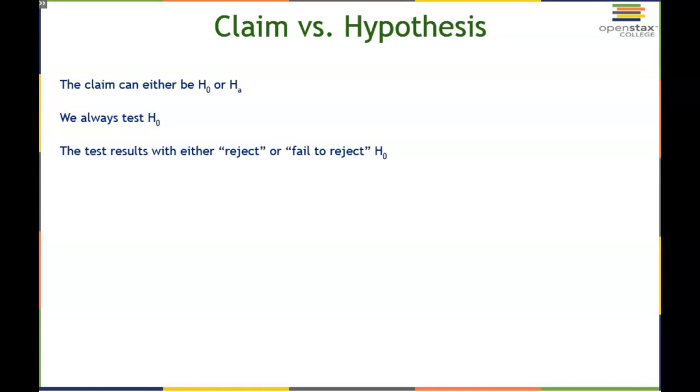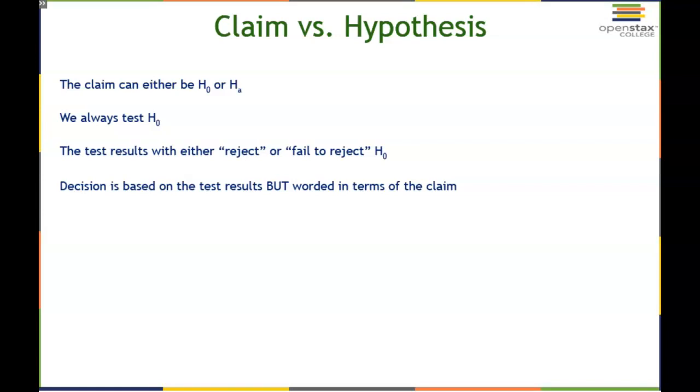The test results that go along with H0 are either a reject or fail to reject, also known as decline to reject, but I prefer fail to reject. So we either reject or fail to reject the H0. Our decision is based on the results of the test, but it's worded in terms of the claim.